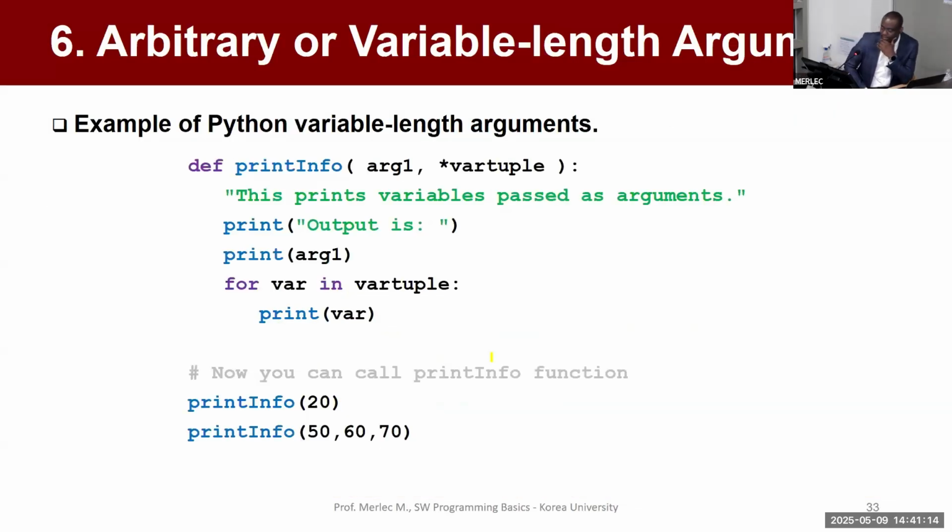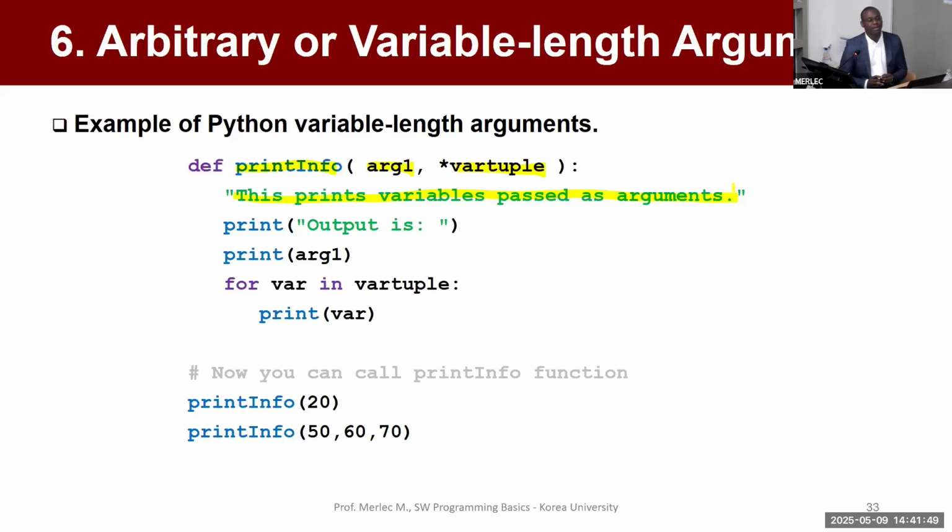So here is an example that shows how we can use the variable length argument. In this case, the function name is printinfo, and printinfo receives the arg1 parameter, and then var tuple, which should be a collection of values. And then I have this docstring line.